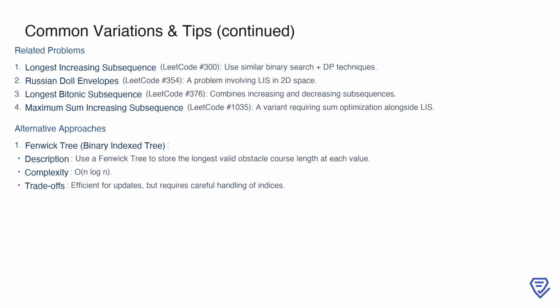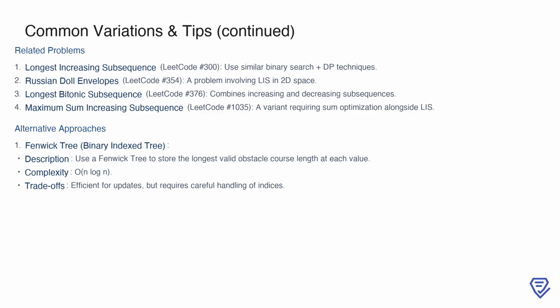There are several related problems that build on similar concepts. For example, the longest increasing subsequence problem, which is LeetCode number 300, uses binary search and dynamic programming techniques that are directly applicable here. Another is the Russian doll envelopes problem, LeetCode number 354, which extends the LIS concept into 2 dimensions.